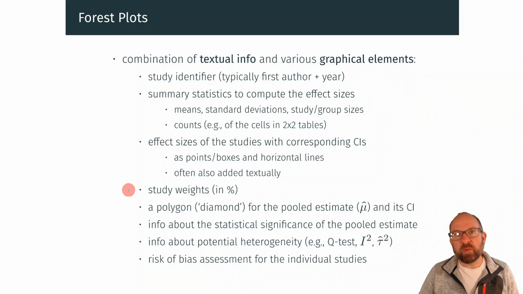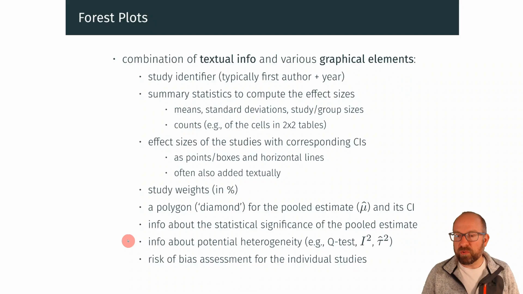Sometimes the study weights are reported, so how much weight was given to each study or effect size estimate in the meta-analysis. Then at the bottom of the forest plot, we have a polygon shape, sometimes called a diamond, and this gives the pooled estimate and its confidence interval. Then there may be information about the statistical significance of the pooled estimate and information about potential heterogeneity.